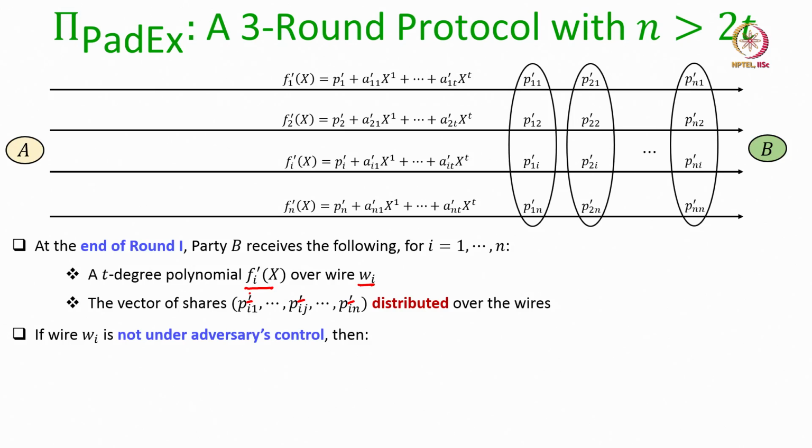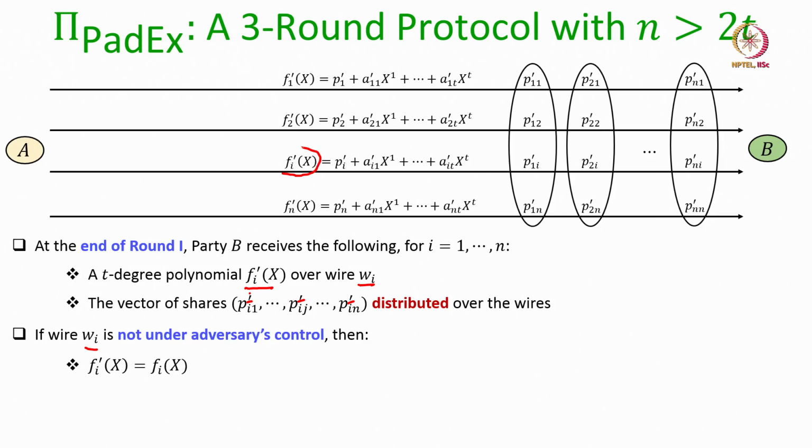So, what we can say here is the following: if the ith wire is not under the adversary's control, then the delivered polynomial is the same as sent by the node A or the party A.